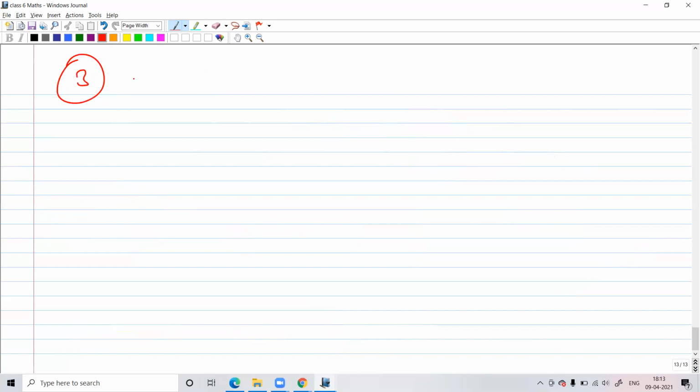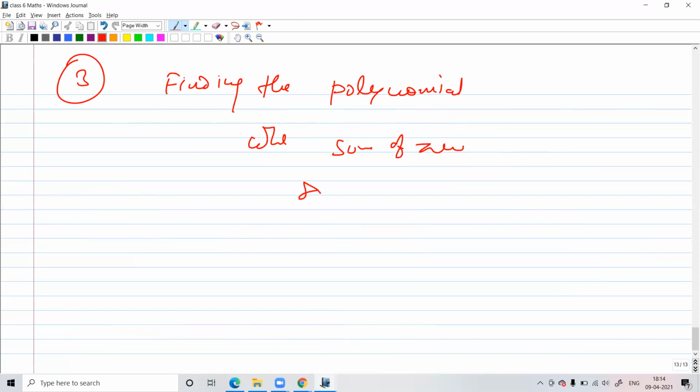And then today we learned finding the polynomial when sum of zeros and product of zeros is given.